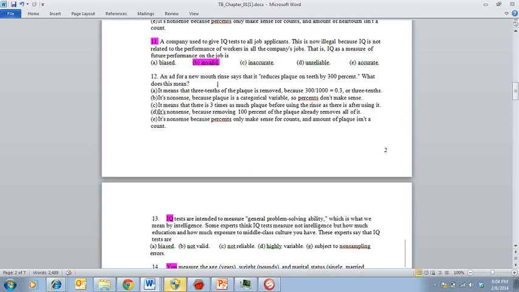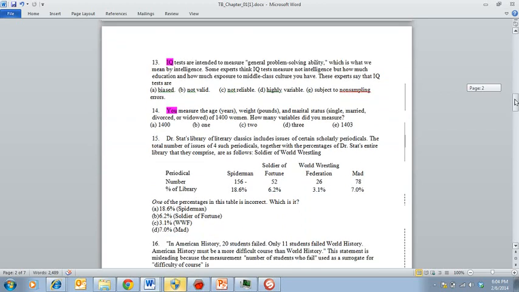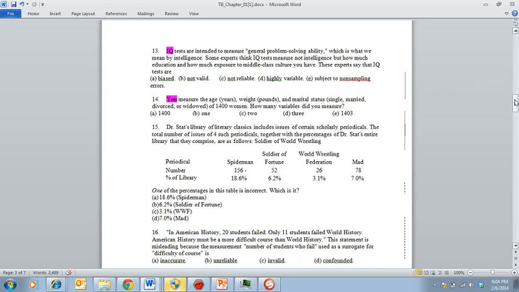Number 12, an ad for, we'll skip number 12. That'll be for 1.3. Number 13, IQ tests are intended to measure general problem-solving ability, which is what we mean by intelligence. Some experts think IQ tests measure not intelligence, but how much education and how much exposure to middle-class culture you have.